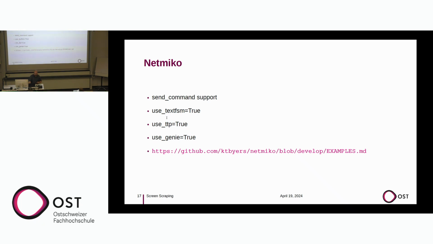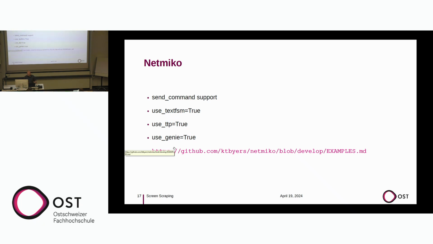If we specify this, it will automatically try to parse the output into structured data. Same with use TTP. If we use TTP, we need to specify a TTP template. As far as I know, there is no magic implemented in Netmiko or in the TTP function to automatically look for a template, even if there is a repository that has these features as well. And there is the option use Genie.